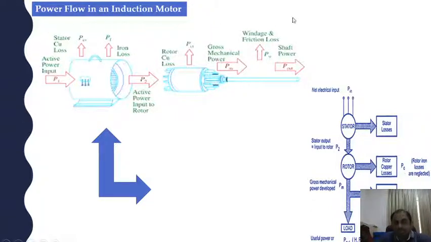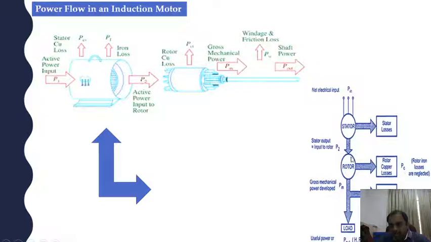So this pictorial block diagram I have reduced to a simple diagram. You see P1, the input power, and this is the stator, and across the stator there are two losses, the stator losses. The output of the stator is given as input to the rotor, so it is P2.